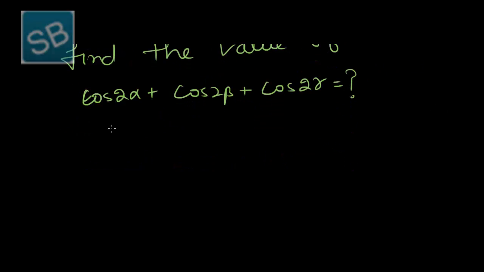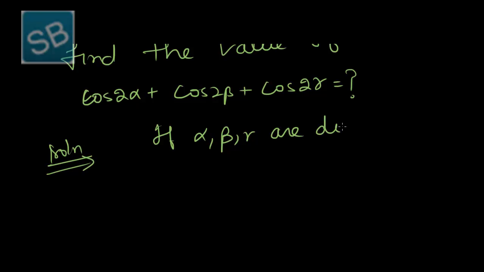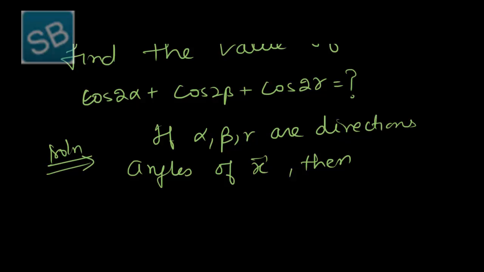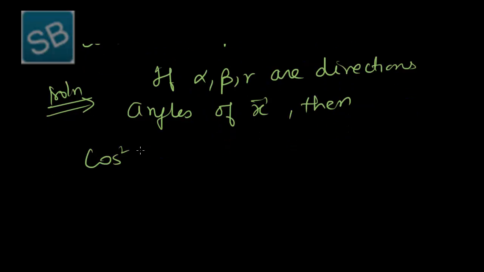Now we have to prove that sin square alpha plus sin square beta plus sin square gamma is equal to 2. As we know that if alpha, beta, gamma are direction angles of vector x, then we know the property cos square alpha plus cos square beta plus cos square gamma is equal to 1.